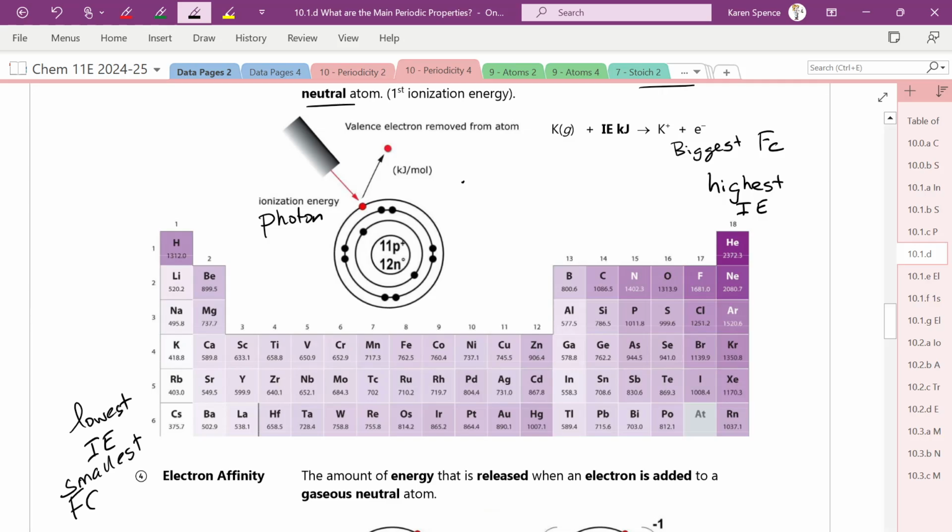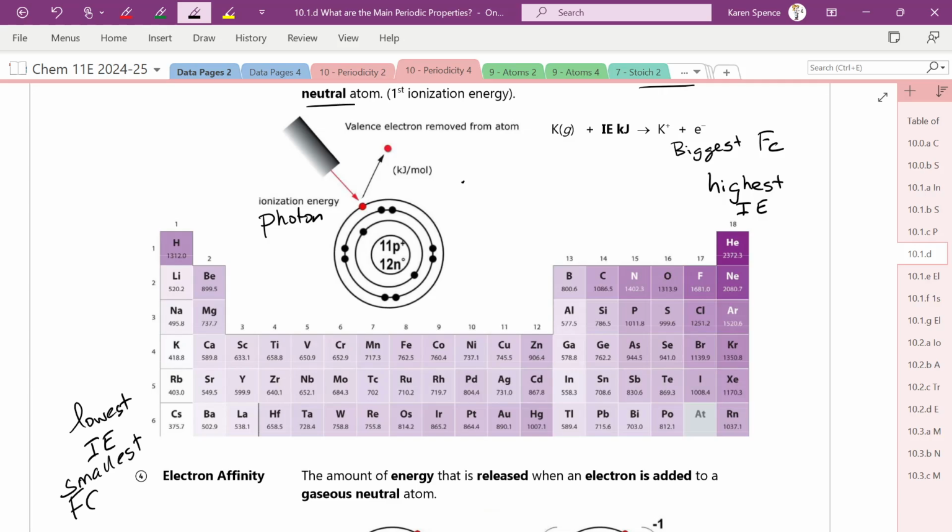If you have only a small Coulombic attraction, it's only going to require a small amount of energy to kick out an electron. Did you notice that the ionization energy trend and the electronegativity trend are the same? Because they both depend on the biggest or smallest amount of Coulombic attraction.